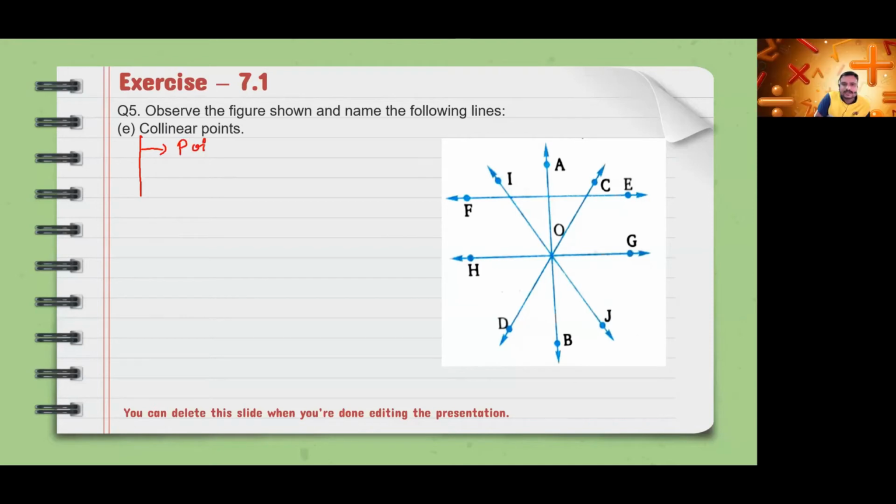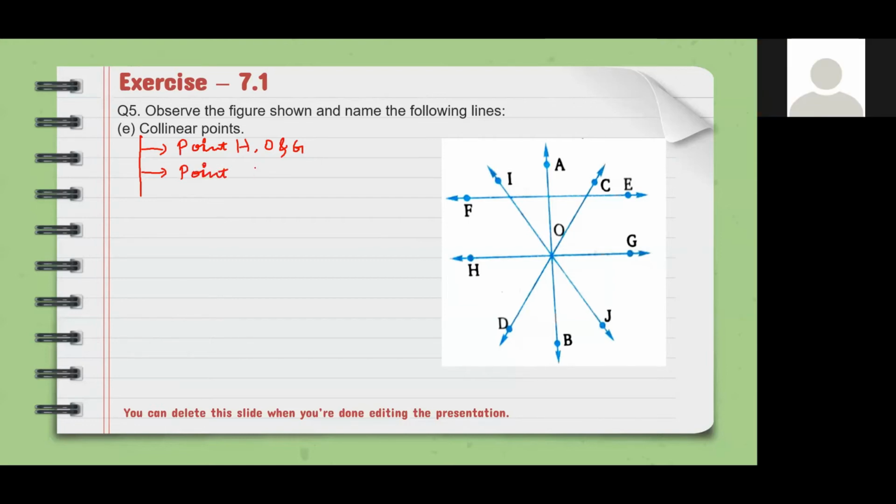First collinear point group we will write: points H, O, and G. Next collinear point we will write F, A and E. No, that is wrong. A is not on this line. Collinear means all points should be on one line.